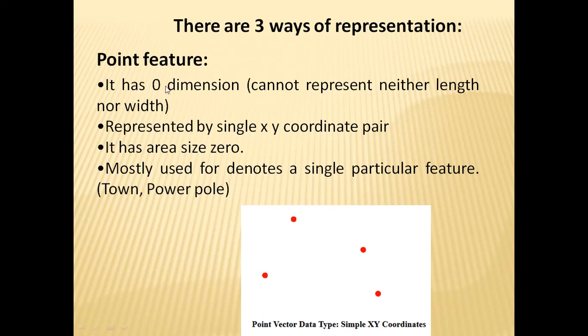Point features have 0 dimension, represented by an xy coordinate, and the area size is also 0. Here no area, 0. So it is mostly used to denote a single particular feature, like a town, power pole, etc. So single features you can represent as a point feature on the topo sheet or satellite image.